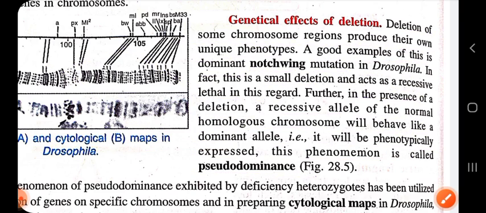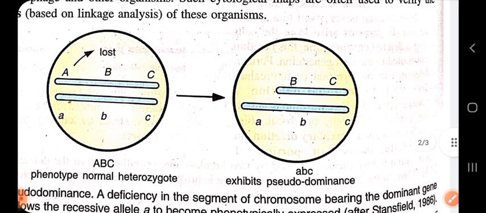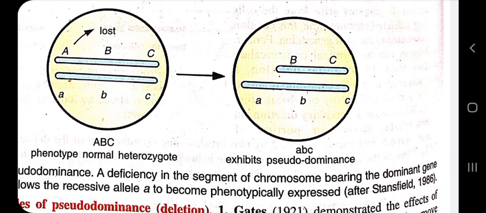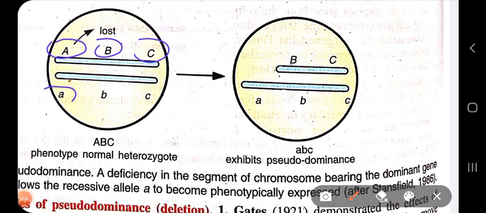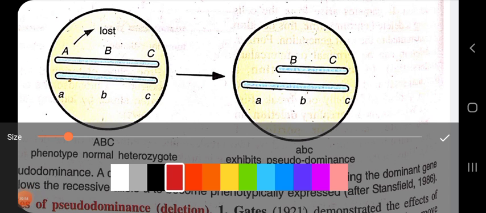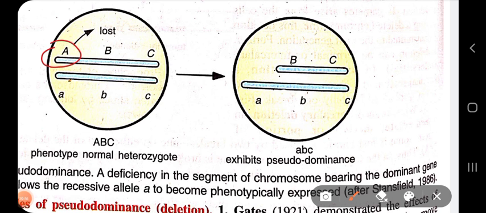If you see the image, you will be able to clarify your doubt. You can see capital ABC and small abc, where the small letters represent the recessive alleles and the capital letters represent the dominant alleles. Here you can see that region A has been lost, due to which its homologue has the small a region.